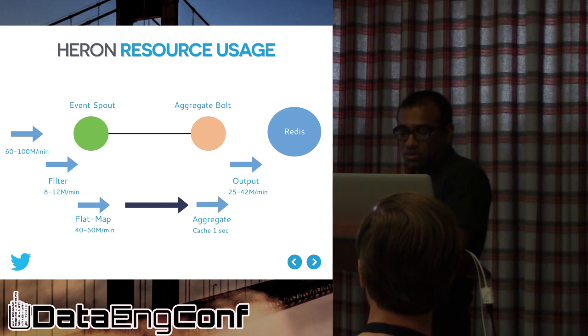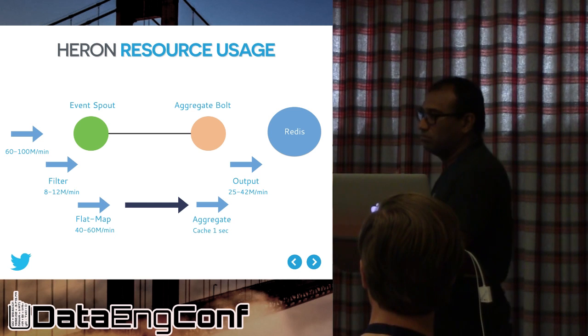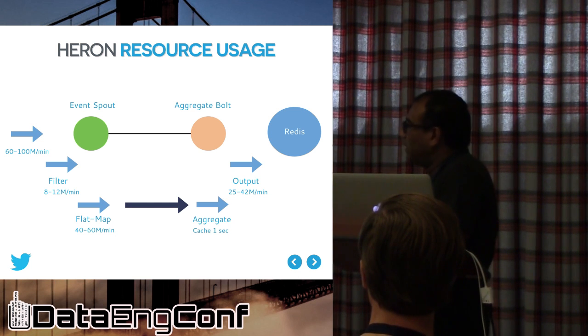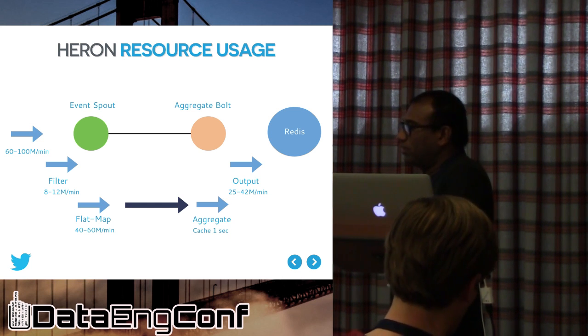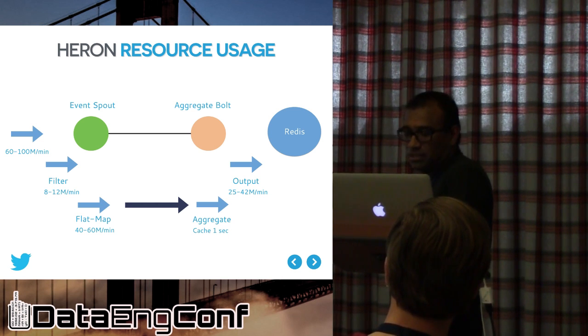Those are shipped to the next set of bolts, which aggregate the incoming tuples and output values every second at the rate of 25 to 42 million tuples per minute, writing to Redis. These are the experimental settings and numbers that we have.